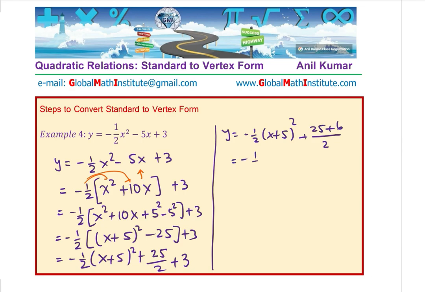And that gives you minus half (x plus 5) whole square plus 31 over 2. Makes sense? So this parabola, minus half means it's going to open down, right? With the vertex at, can you tell me what makes that 0? Minus 5, and the maximum value 31 by 2. Right? So maximum.